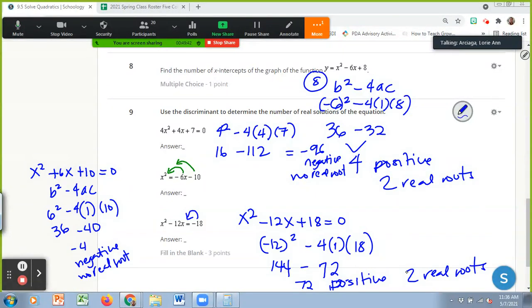So if you submitted it earlier and I changed the answer, it might increase your score if you got it right the first time. All right. So go ahead and fill in your answers.